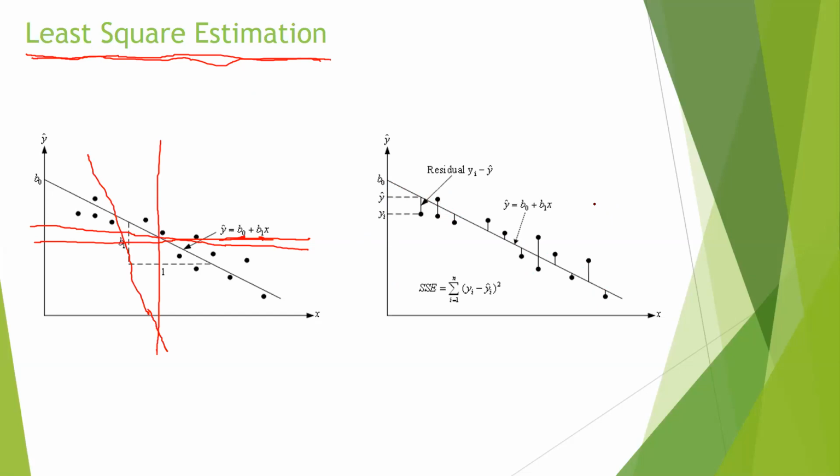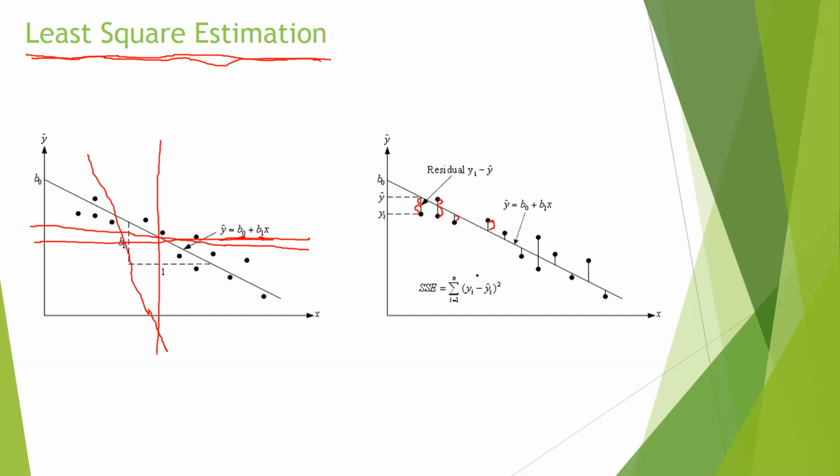So what does that mean? That means there's a line going through your data, and you check the difference between each data point and the regression line. For example, this is the difference between the first data point and the regression line, right? This is the second difference, the third difference, the fourth difference, and so on, the fifth difference.